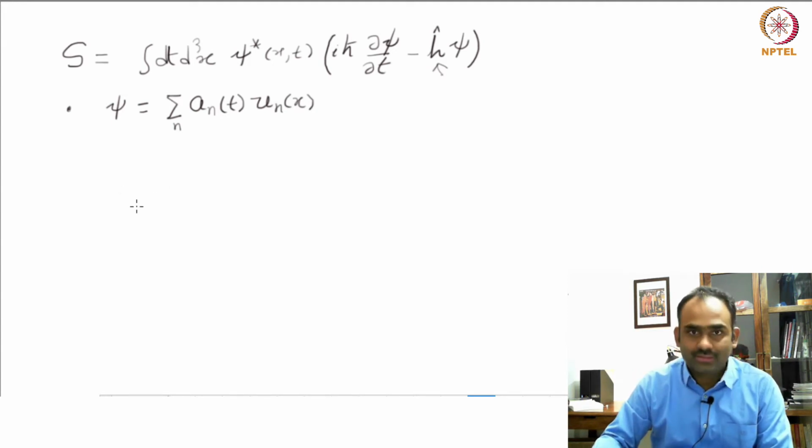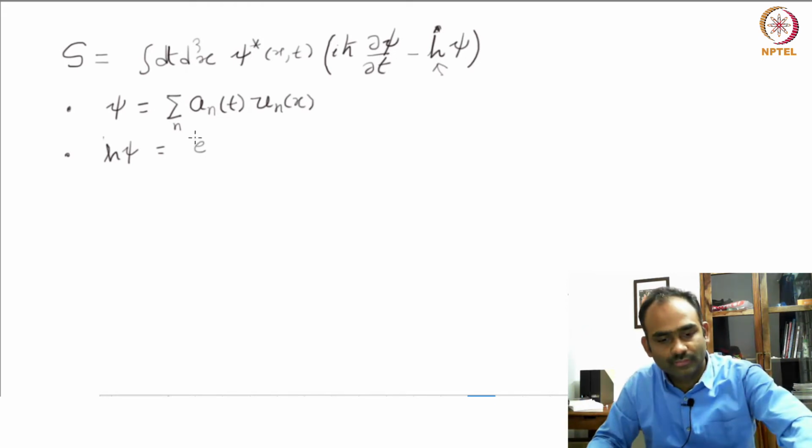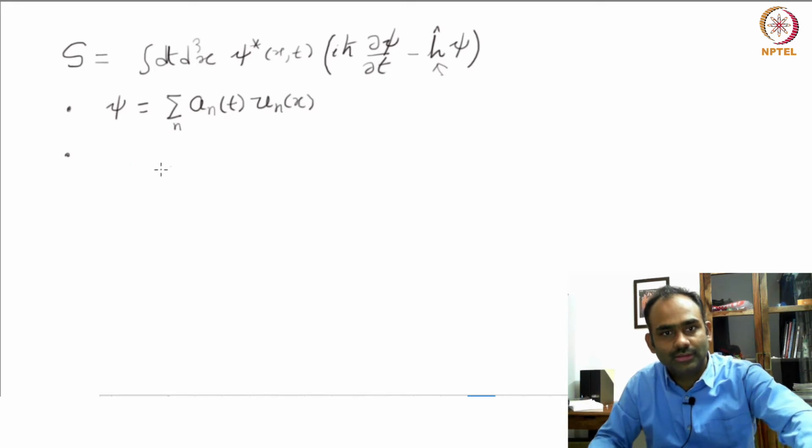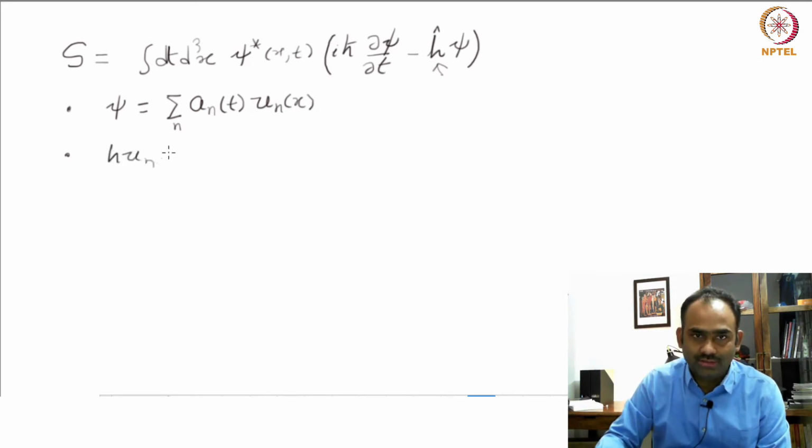Okay, so let me write that down also. So h, let's not write a hat here, what I want to write is this h operator acting on u_n gives you E_n u_n.